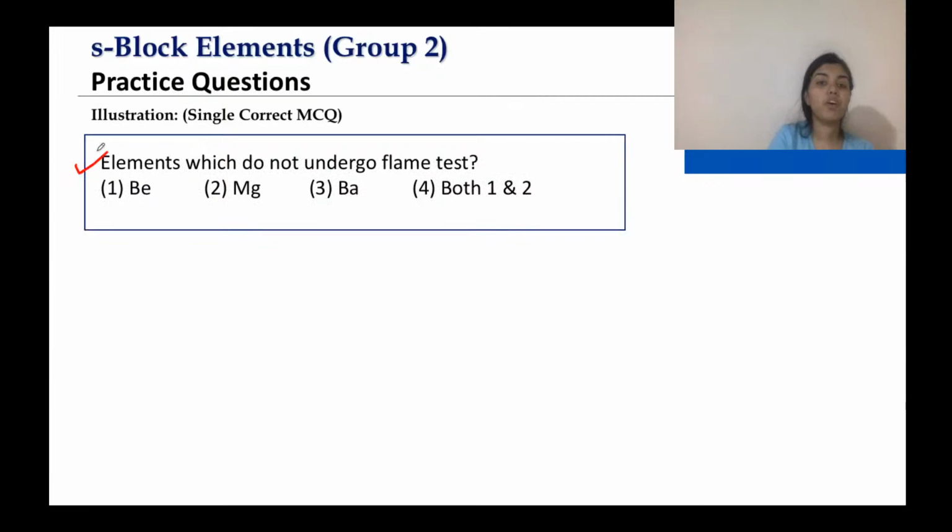Elements which do not undergo flame test are, this we have done in the previous session. Anyone with the answer? Elements which do not undergo flame test, they do not give color on subjecting to flame. We have done this already in the previous class.